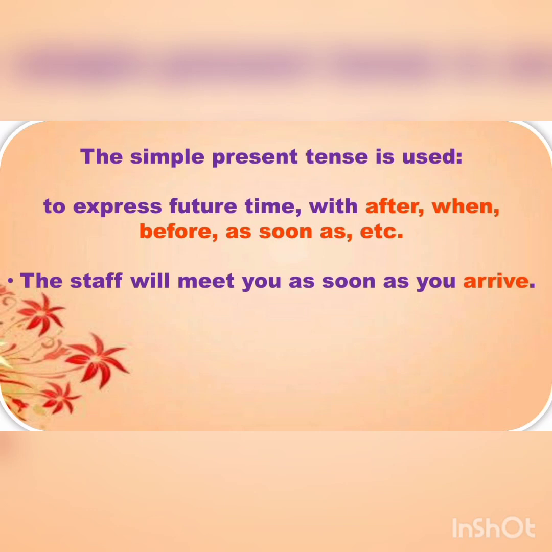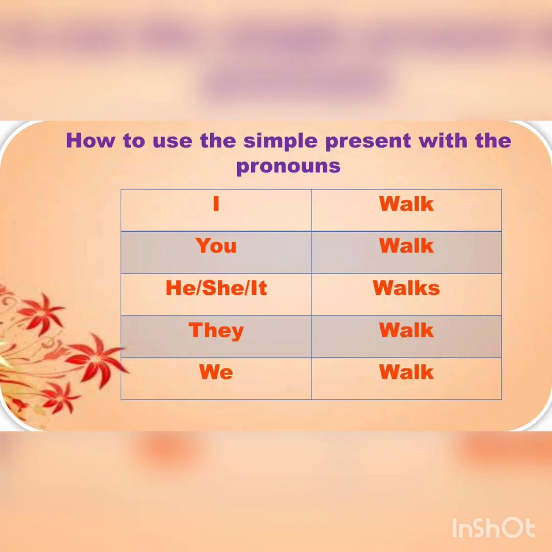So children, let us see one table. This table is very important and you have to learn this table. It shows how to use the simple present with the pronouns. On the right side, there is one verb, that is walk. So let us see how it is used with the pronouns.